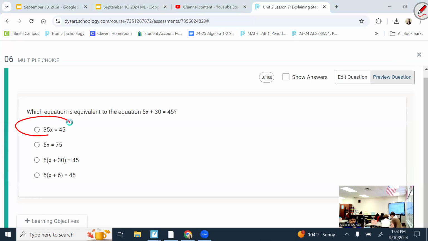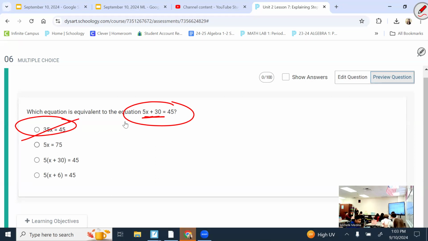The difference between this one and my original, what changed on the left side? It became 35x. Am I allowed to combine these two together? No, because they're not like terms, so don't pick that option. Over here, it looks like the 30 went away on the left side.